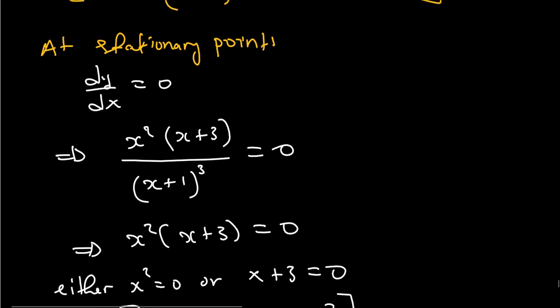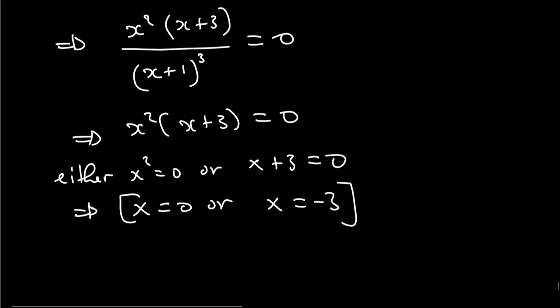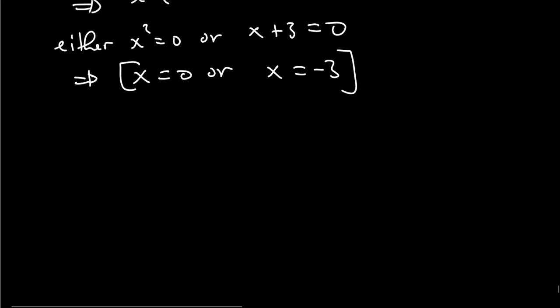Now if you replace this inside the y function, so replacing this value in y, let's get the y coordinates. In the case of x equal to 0, y gave us 0, since it's the intercept.